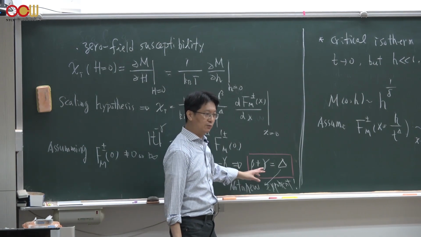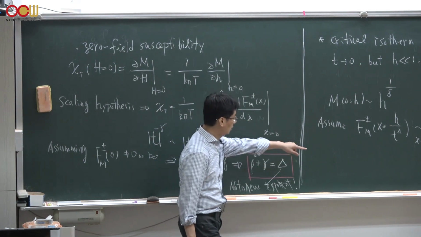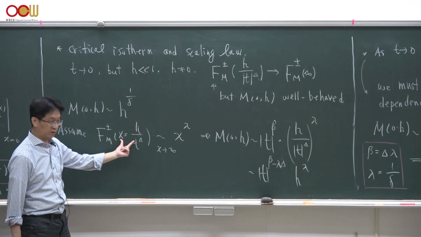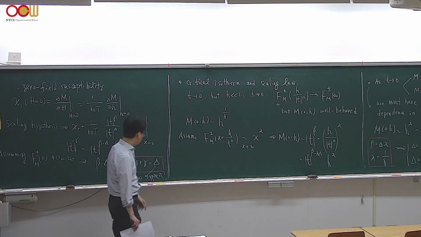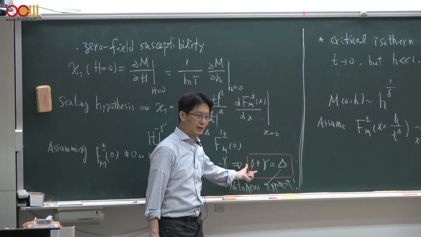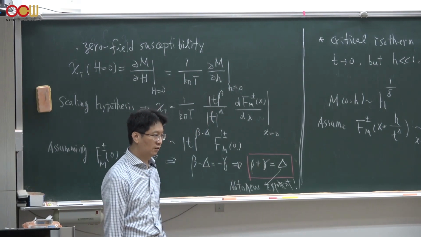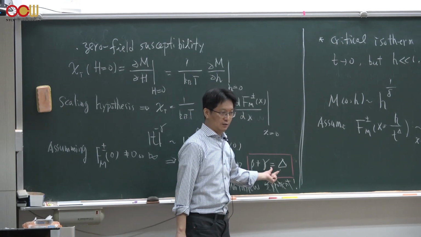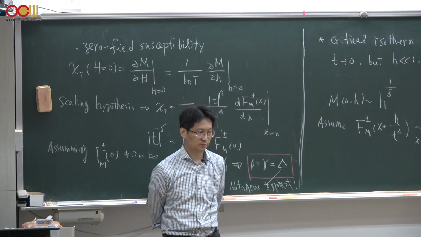This is not a scaling relation, but it tells us that this delta that we assume to be in the x variable in the denominator here is not a new exponent. It is nothing but beta plus gamma, and both beta and gamma are known critical exponents. So this capital delta is just a sum of beta and gamma exponents, nothing new.